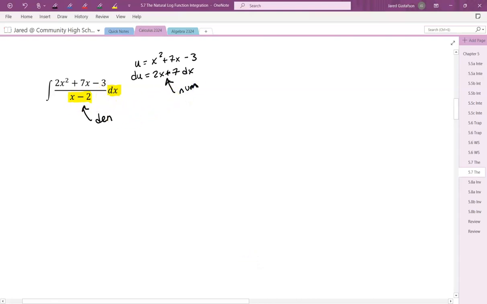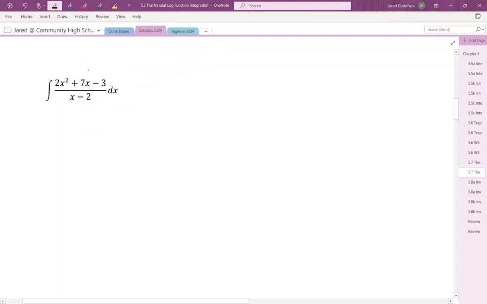If I was really trying to replace the stuff highlighted, I'm really looking to replace 1 over x minus 2 dx. And taking the derivative of something x squared up here is never going to give me x minus 2 in the denominator. So it's looking like u substitution as is isn't going to work out.